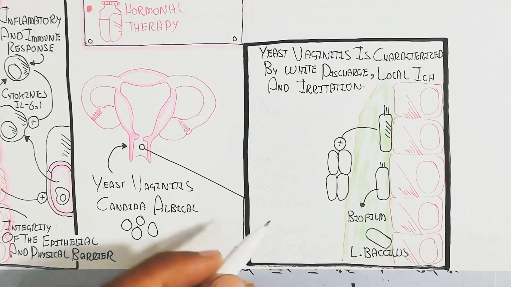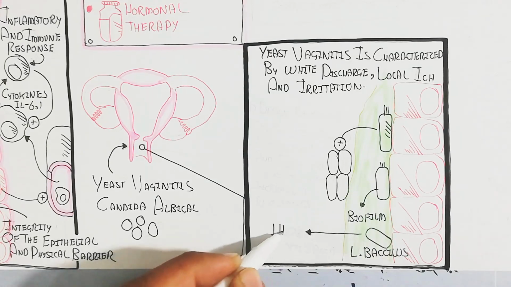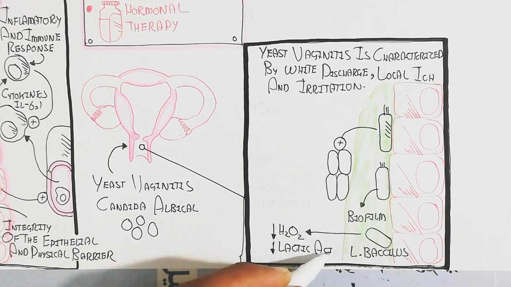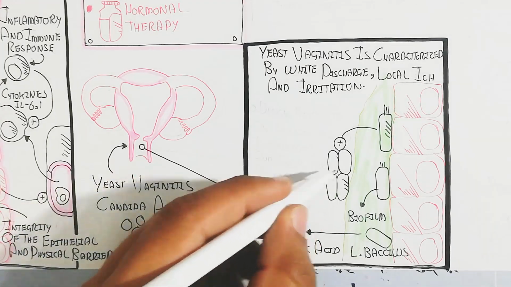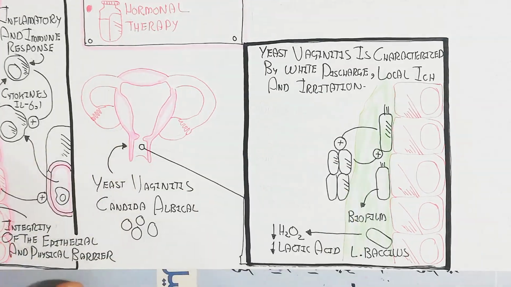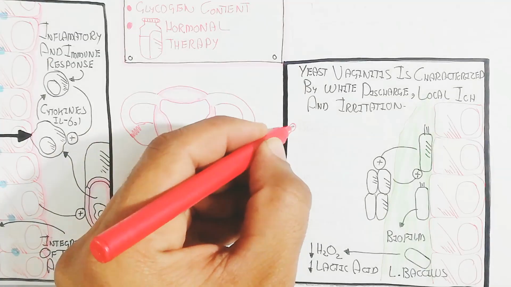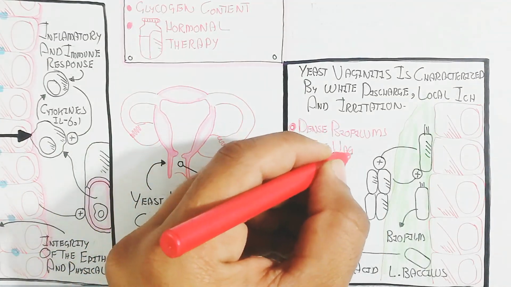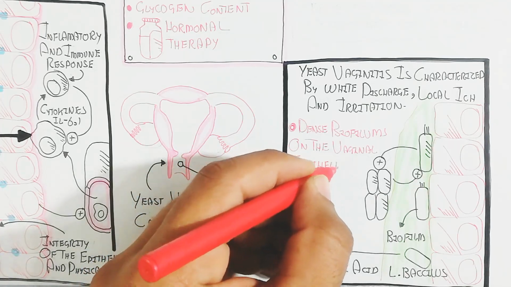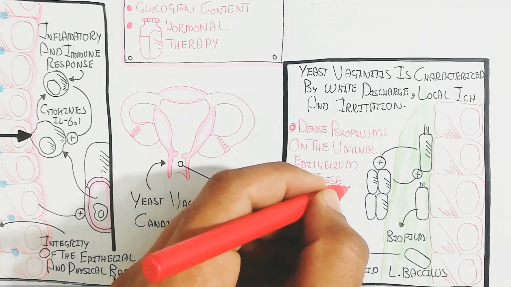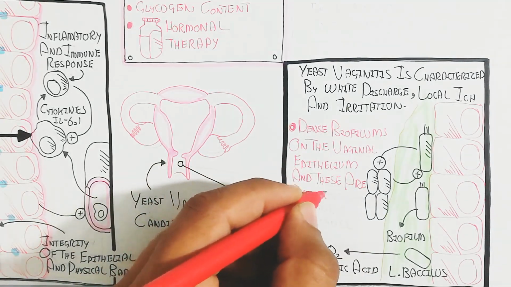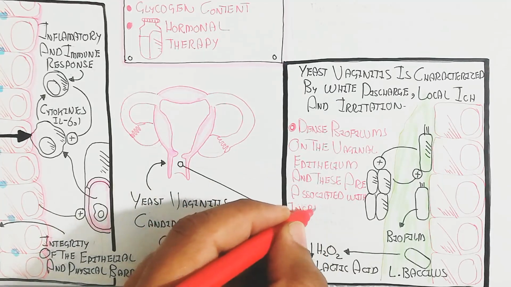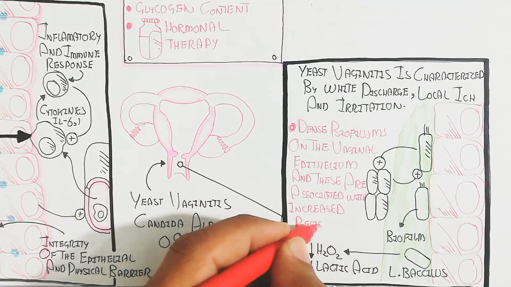Edema can occur, and these yeast fungal microbes produce biofilm and do not allow lactobacillus to produce hydrogen peroxide and lactic acid. In this way, dense biofilms form on the vaginal epithelium, and these are associated with increased resistance to fungal infection or other bacterial infection.